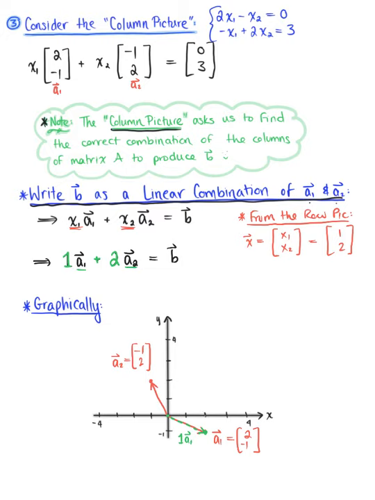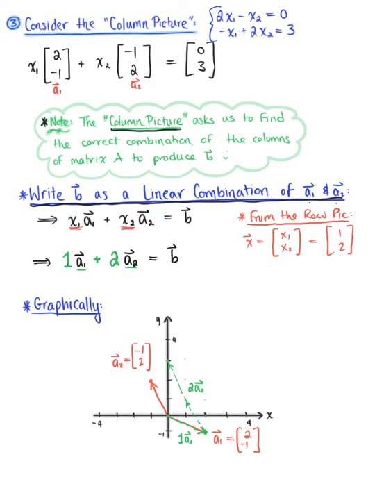We need to move up 2 units and then to the left 1 unit. So here is 1 of vector A sub 2. But again, we need 2 of them. So again, we're going to move up 2 units and to the left 1 unit. So here is that full scalar multiple 2 times vector A sub 2.